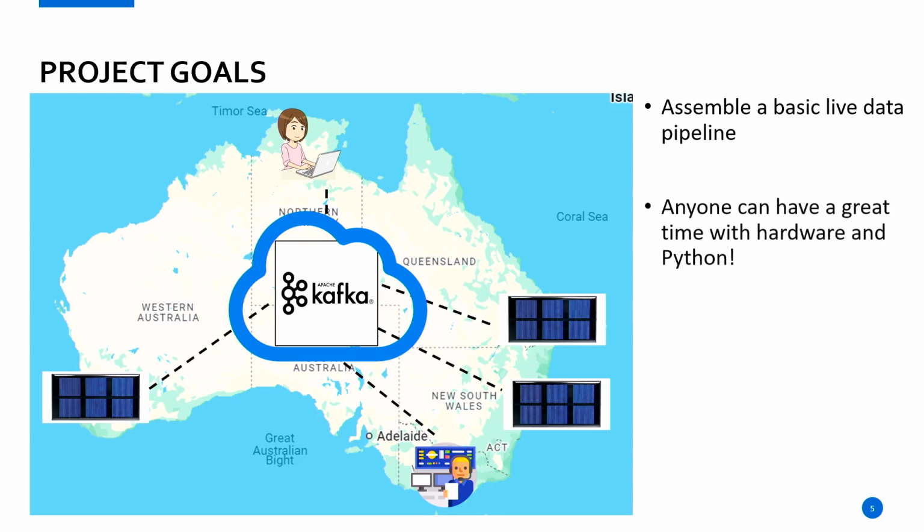And a couple of messages I want to share with the audience. Hardware is not typically seen as being in the Python realm. People typically assume that you need to know C or C++ to work with hardware, but I'm here today to tell you that with a Raspberry Pi, you can do this all in Python.